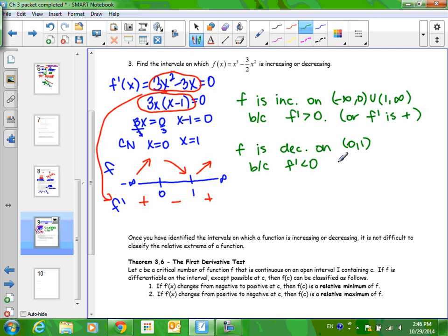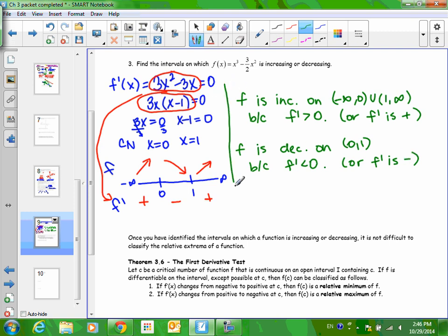We could say is less than 0, or we could definitely say because f prime is negative. It doesn't matter which one you use. If you get your less thans and greater thans mixed up, you need to go to plus minus. All right, it doesn't matter. They're both acceptable and they mean the same thing.